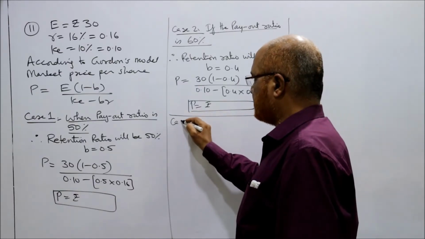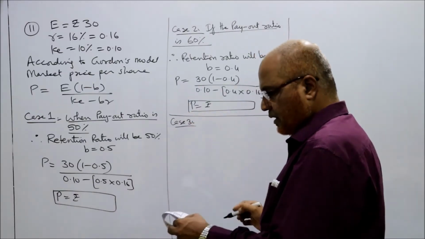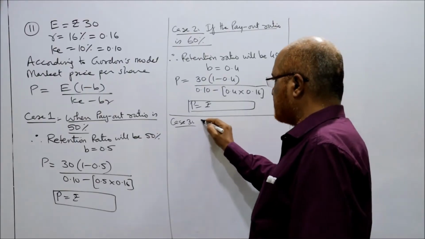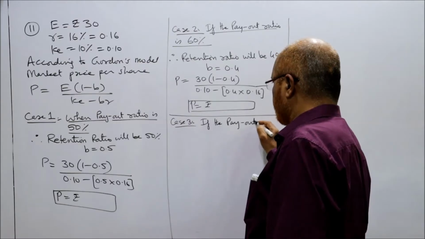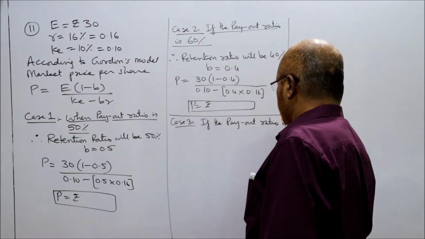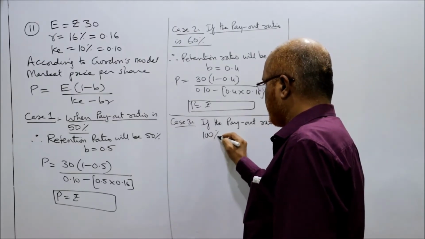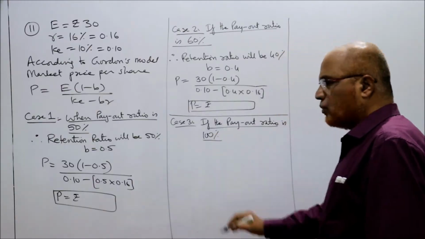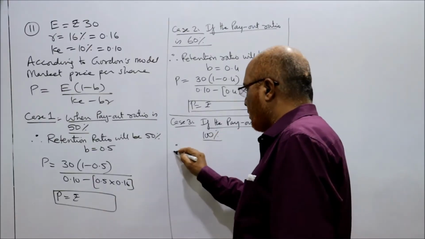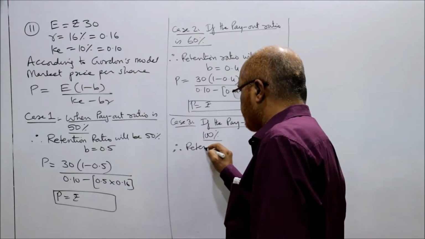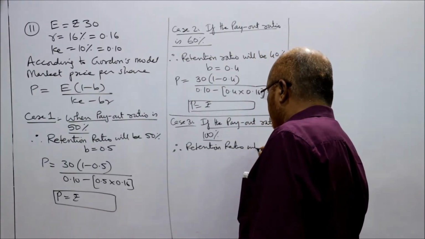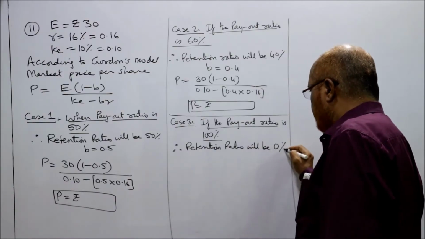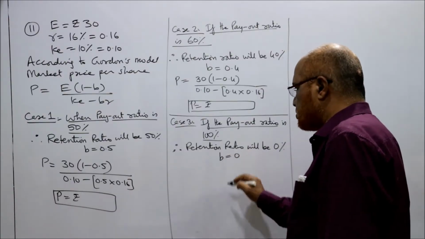Last one, case 3. If the payout ratio is 100%, therefore retention ratio will be 0%. B is equal to 0.